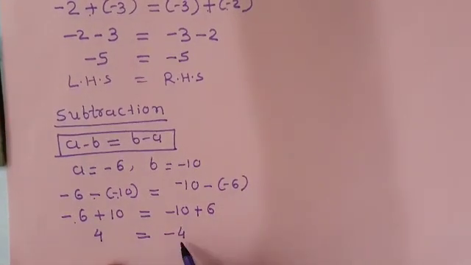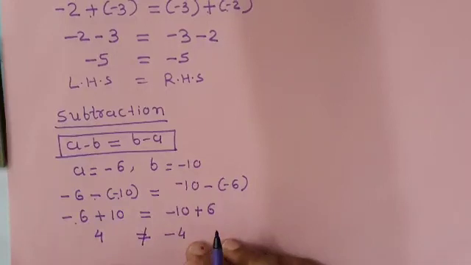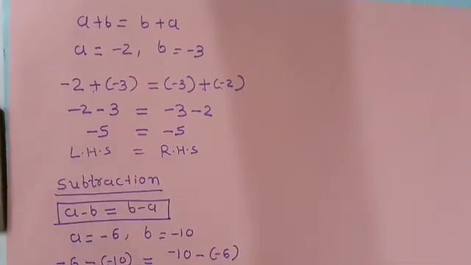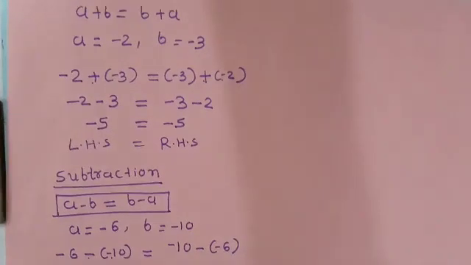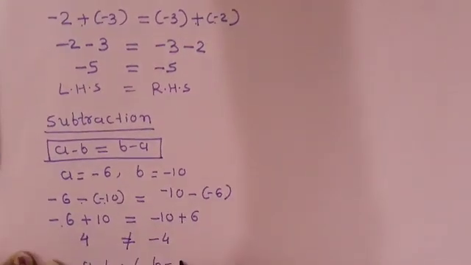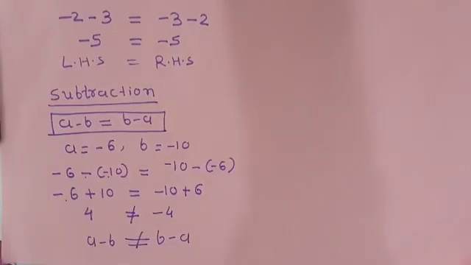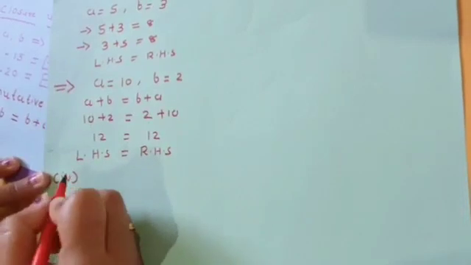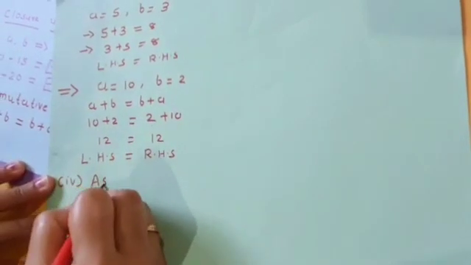So they both are not equal. So this property does not hold for subtraction. So A minus B is not equal to B minus A. Next property is associative.